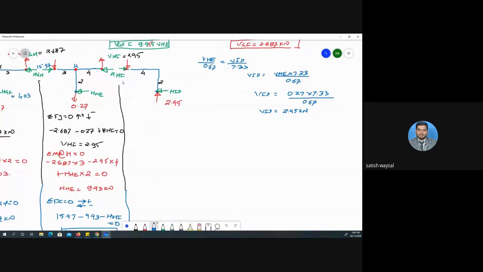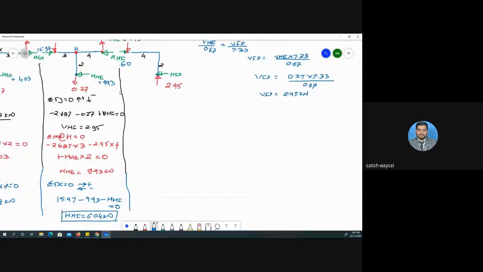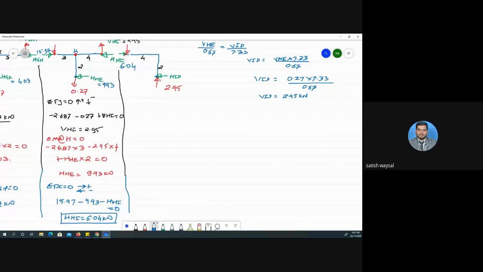This you determined as 9.93, and this is 6.04. For HID, here also we can apply summation Fx is equal to 0, then we will get HID is equal to 6.04.